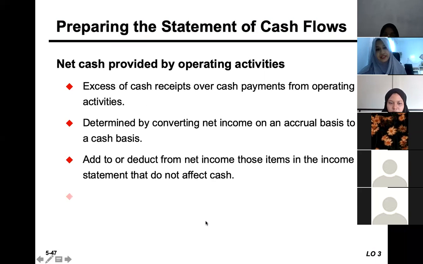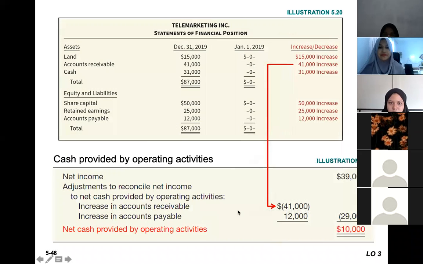I'll go directly to it. See? We start from the net income, and then adjust to reconcile the net income. So an increase in current assets, for example account receivable, will be deducted, because we did not receive the cash, meaning there is an increase in account receivable. And oppositely, for account payable, if there is an increase, it means we are not paying anything, so there is no cash outflow.